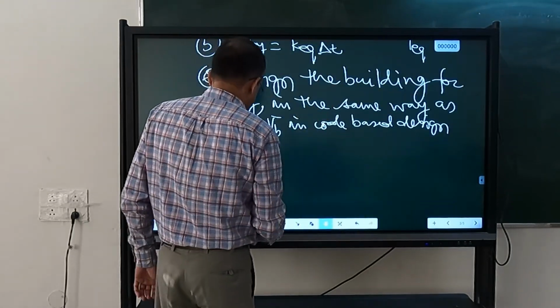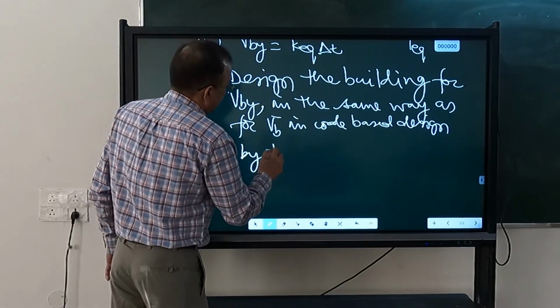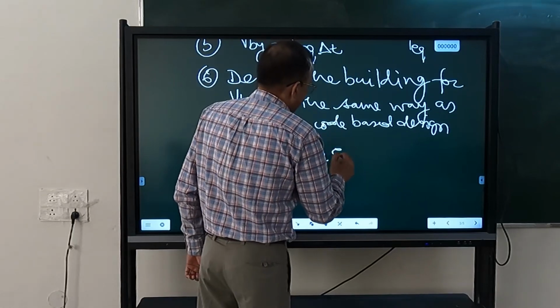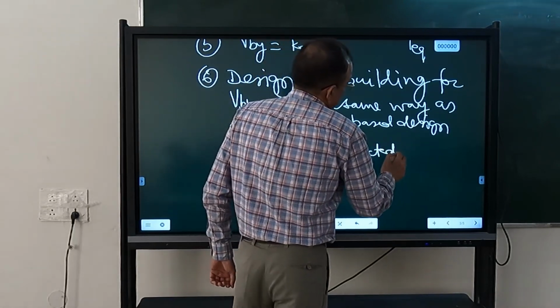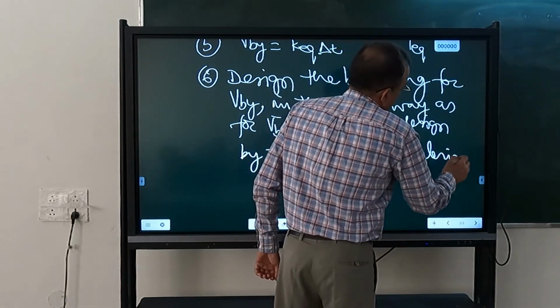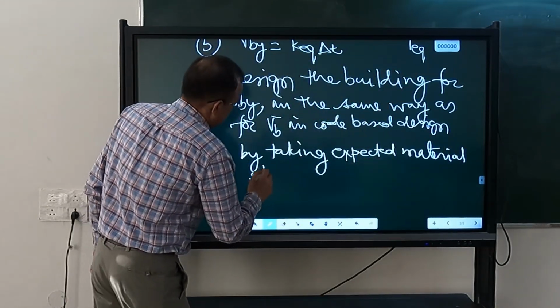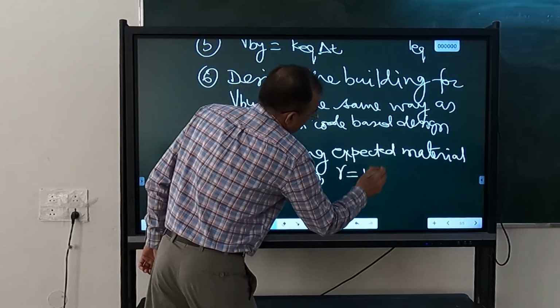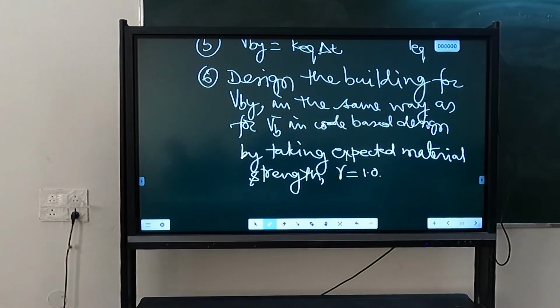But taking expected material strength and partial factors of safety equal to 1. So design for Vby is the same as you do design for Vb. You perform an analysis of the building, you scale it to Vb earlier, now you scale it to Vby.